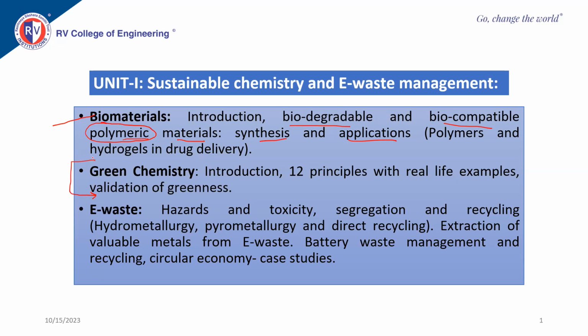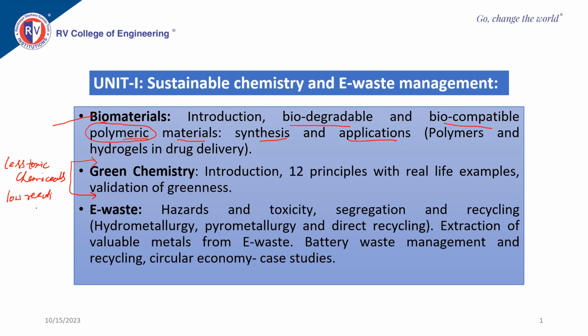Next, we move to the principles of green chemistry. We have 12 principles. Remember that all the principles of green chemistry are focused on carrying out any reaction using less toxic chemicals and low reaction times.